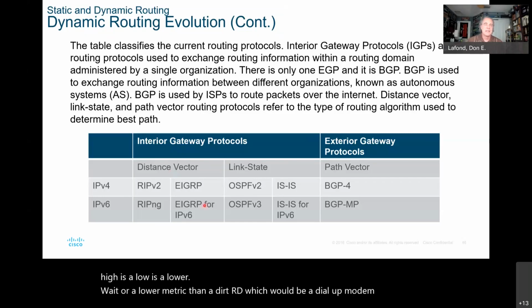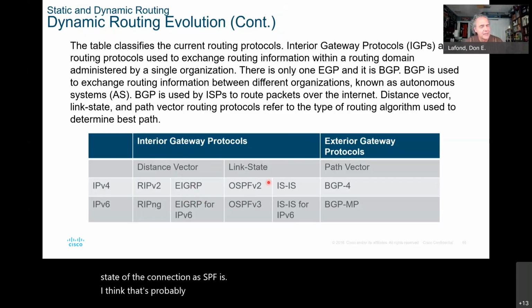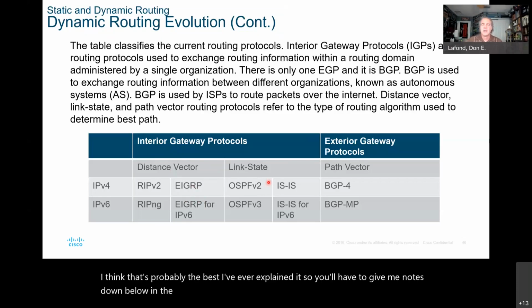So it's just concerned with the connection. It's not concerned with the state of the connection as OSPF is. I think that's probably the best I've ever explained it. So you'll have to give me notes down below in the feedback to let me know if that helped you to understand distance vector and link state and which ones are which.